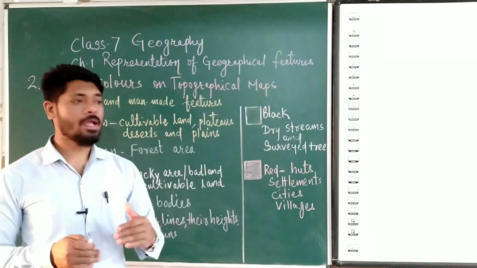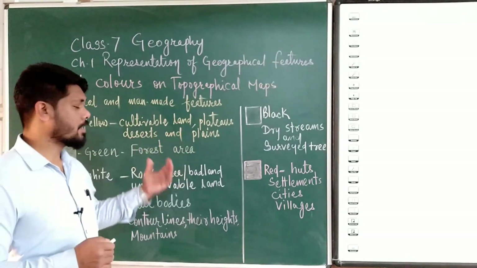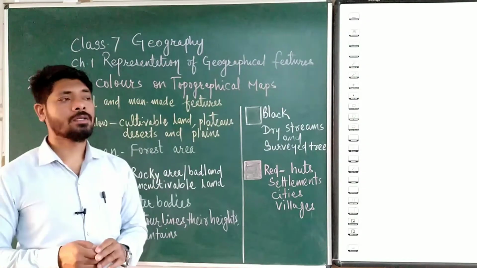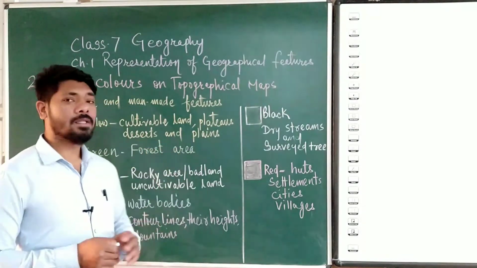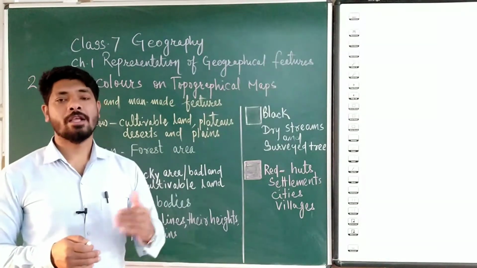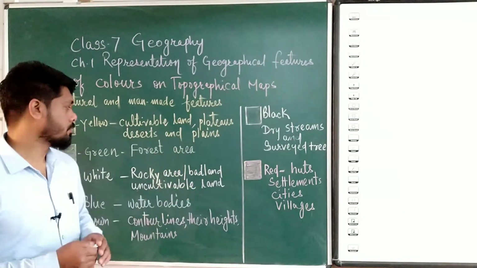It is the cultivable land, and it will represent the plateaus, deserts and plains, where the people are settled, and engaged in agricultural activities or farming. The occupation of the people will be agriculture.